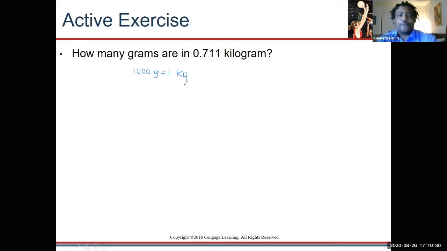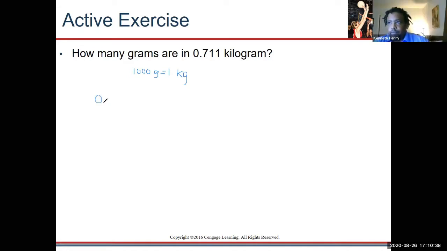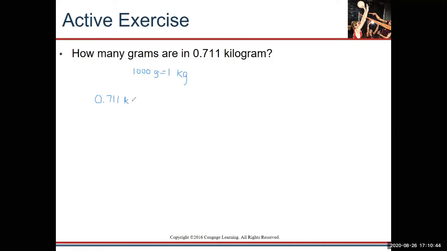So then you're going to put 0.711 kilograms. Okay, I'm going to put that down right here. And then I'm going to do what? And then on the catty corner, you're going to put 1 kilogram.